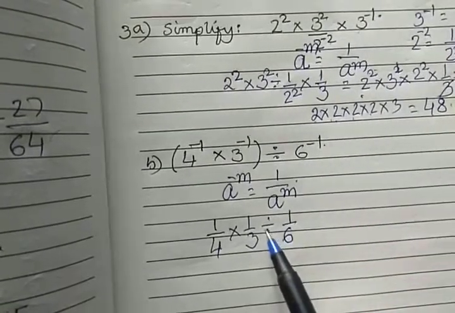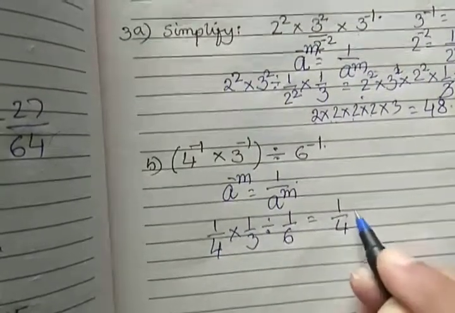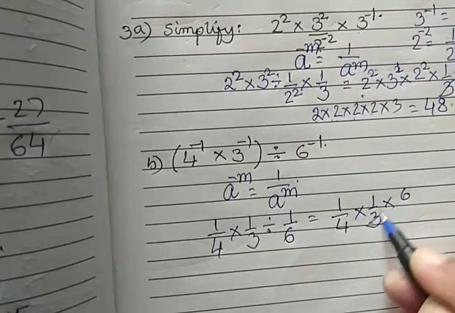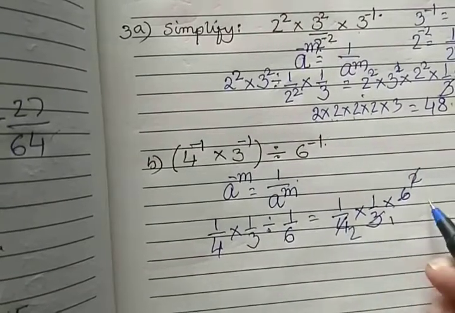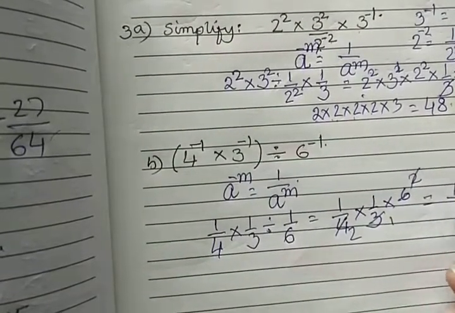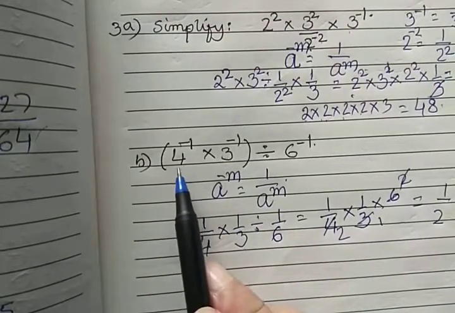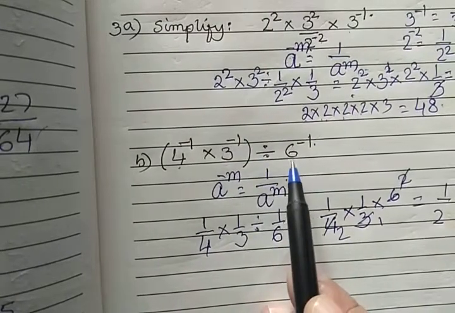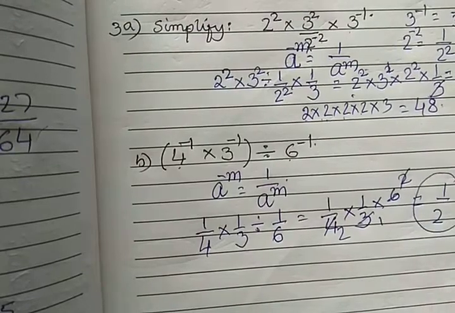Let us change this divided by sign into multiplication. 1 by 4 into 1 by 3 into 6. 3 ones are 3, 3 twos are 6. 2 ones are 2, 2 twos are 4. So what is the answer? 1 by 2. So, if you simplify 4 to the power of minus 1 into 3 to the power of minus 1 divided by 6 to the power of minus 1, you get 1 by 2.